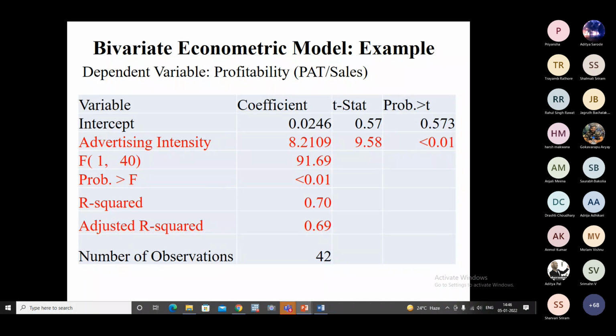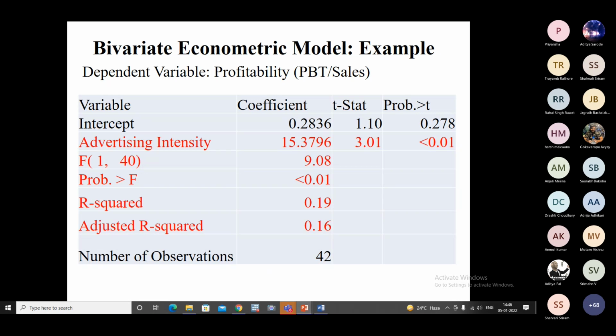You all have studied in microeconomics that when there is product differentiation, advertising plays a very important role, and accordingly, firms' financial performance may be affected or influenced. So here we are taking profitability as the dependent variable. Now profitability can be measured in different ways. Like here I have measured it as PAT by sales, and if you just go to the next slide, it is PBT by sales, profit before tax by sales.